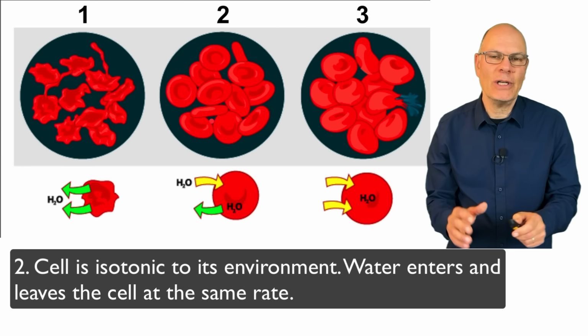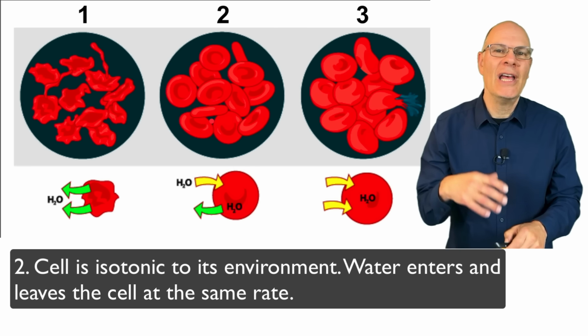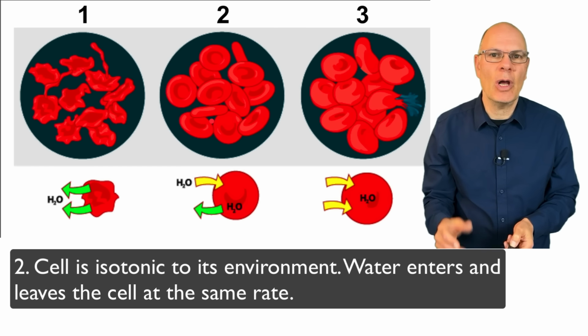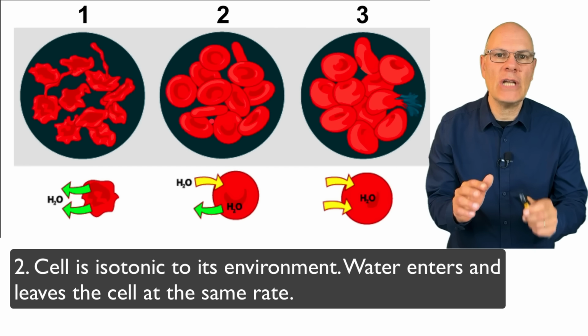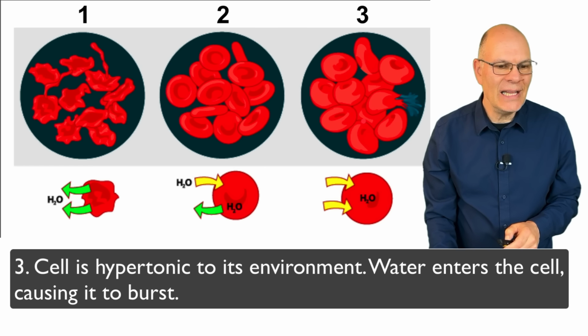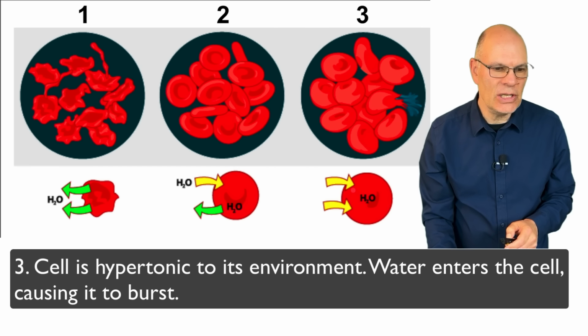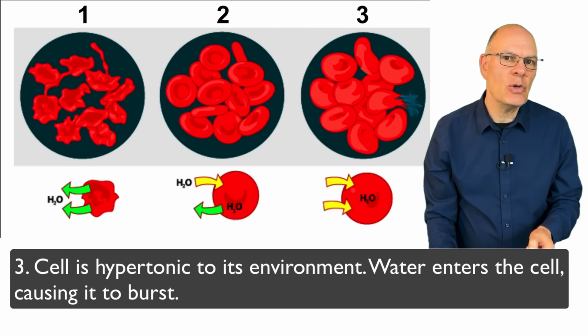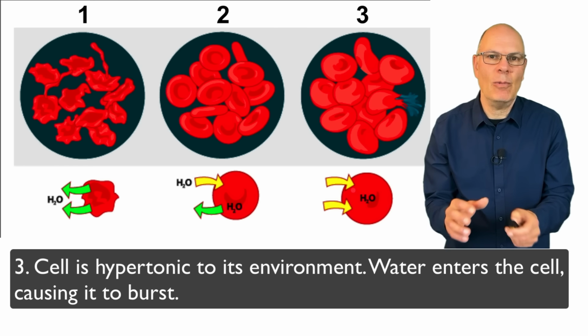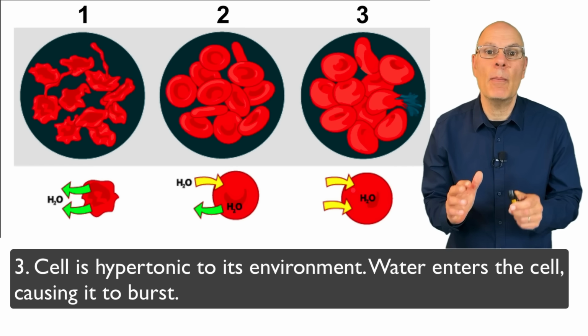This is an important condition for animal cells because they have a membrane but not a wall. Cells that are kept in a tissue culture need to be kept in an isotonic solution. And in situation 3, the cell is hypertonic to its environment, and therefore water is flowing into the cells, and because there's no cell wall, the membrane can't really stop the inward force, and the cell will ultimately burst.